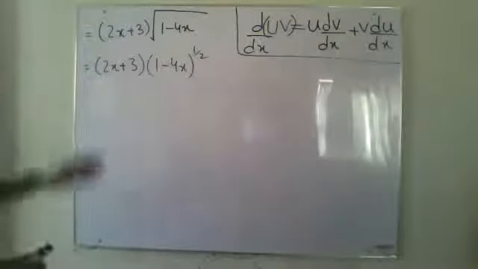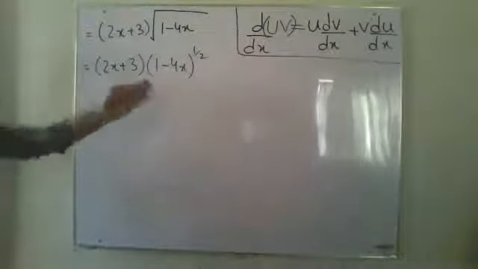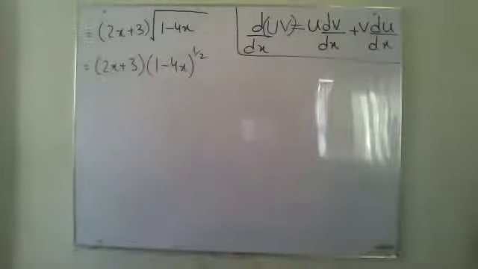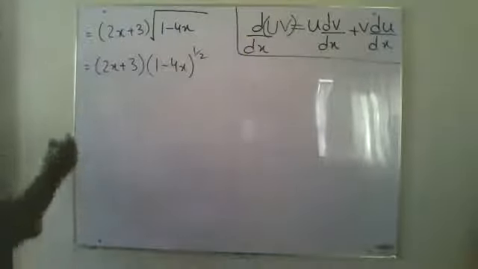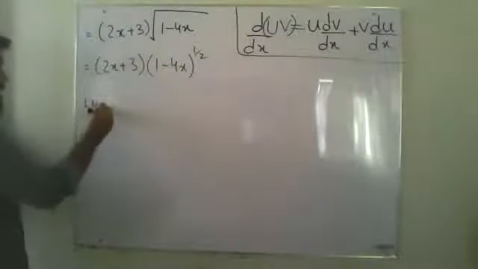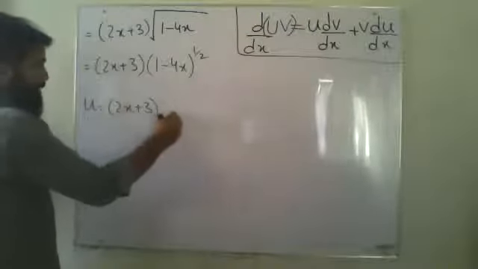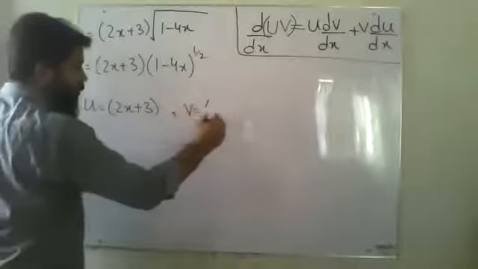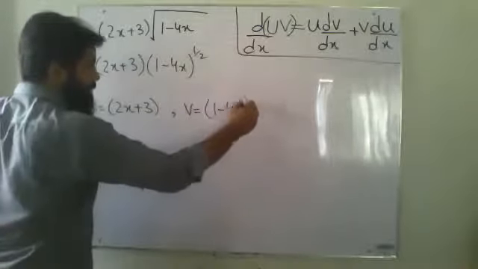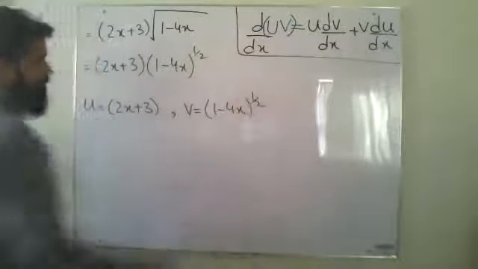Okay, so now these two are in the product form, and I have to differentiate it. So what is the first thing I'm doing? u equals 2x plus 3 and v equals (1 minus 4x) power half.